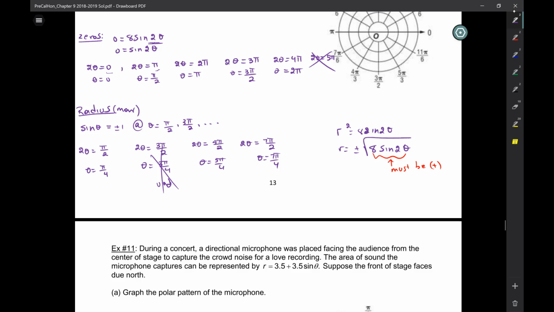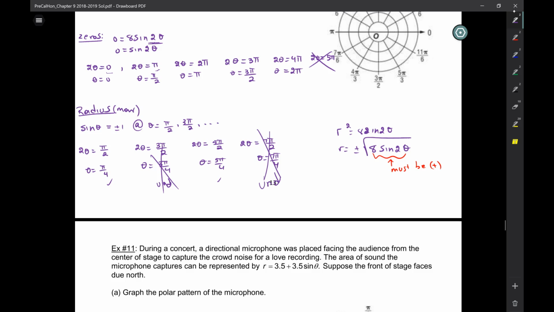Here at 5 pi over 4, when I put it into theta, I get a positive value, so that works. But 7 pi over 4, when I put it in there, I get plus or minus the square root of 8 sine 2 times 7 pi over 4, which is 7 pi over 2. Sine is negative there, so that's undefined.